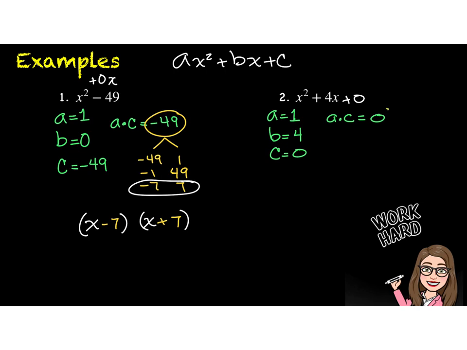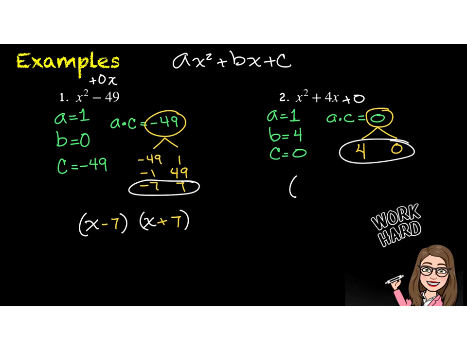From then, we're still going to do the same thing. Two numbers that multiply give me 0. But here there are a lot of possibilities. But remember the second part of your rule: they have to add up to 4. When you have this type of special case, it makes it a lot easier, because if they need to add up to 4, you know that your answer is going to be 4 times 0, because 4 times 0 is 0, and when I add them, I get 4.